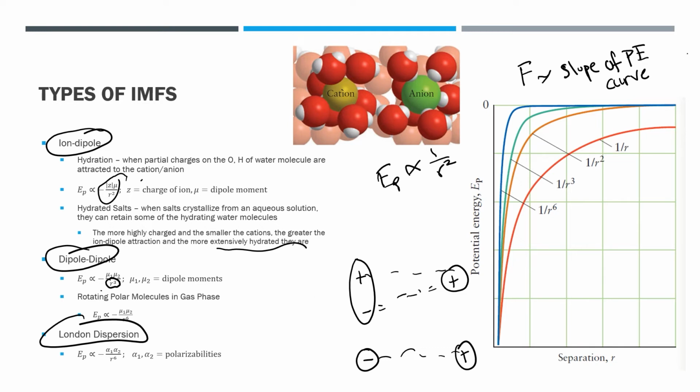And this should make sense that we have 1 over r cubed. It should be weaker than our ion dipole. And if I draw it out, say we have a plus minus and a plus minus, we have our two attractive forces, right? The minus and the plus on both the dipoles attracting each other. But we also have the two repulsive forces, the plus plus and the minus minus repelling each other.